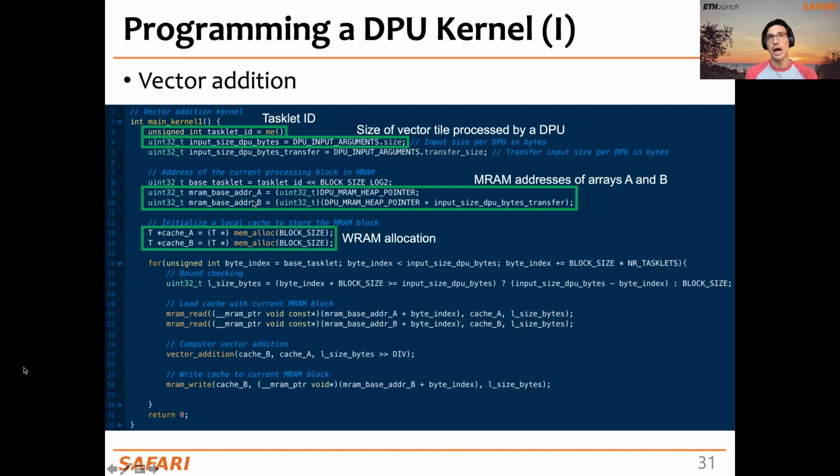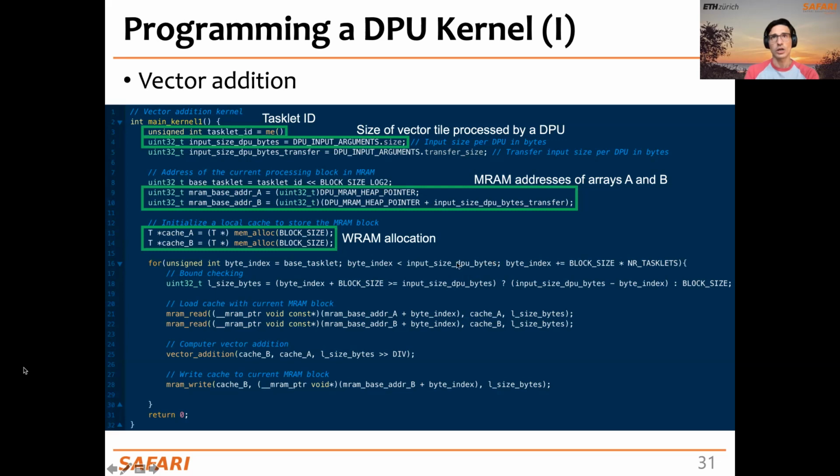We also need to allocate memory space in WRAM. There are 3 different ways of allocating WRAM. In particular, in this example, we are using memalloc, which is an incremental allocator. And here you can find the main compute loop. Observe that in this loop, there is, let's say, a base index for each tasklet to access.